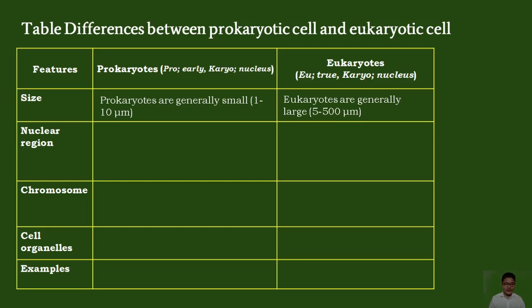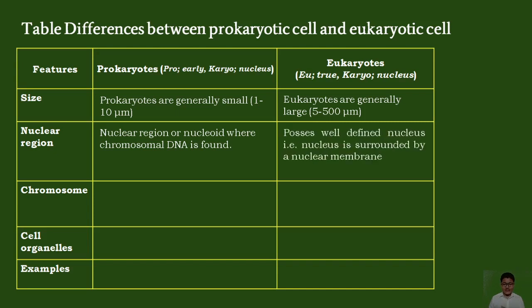Now, the nuclear region in a prokaryotic cell is called the nucleoid. Within the nucleoid, we have chromosomal DNA. But eukaryotic cells possess a well-defined nucleus surrounded by a nuclear membrane, and within the nuclear membrane we have nucleoplasm, and in the nucleoplasm we have thread-like structures called chromatin when the cell is not undergoing cell division.